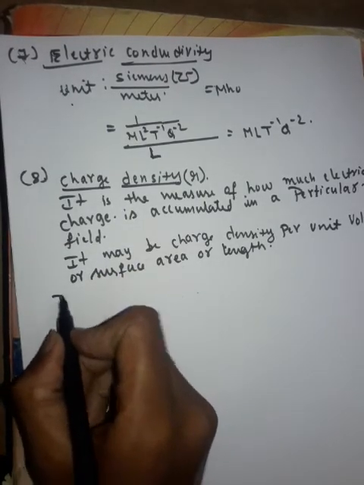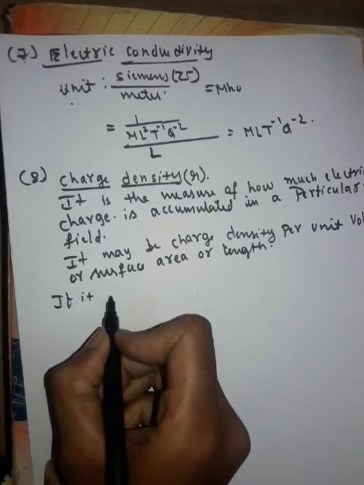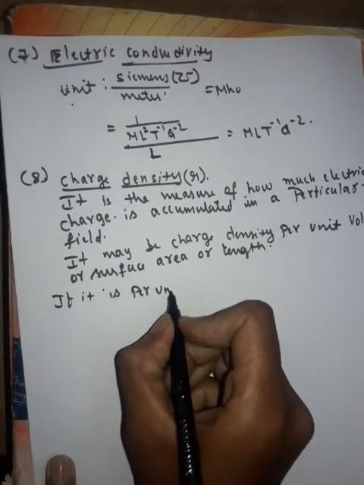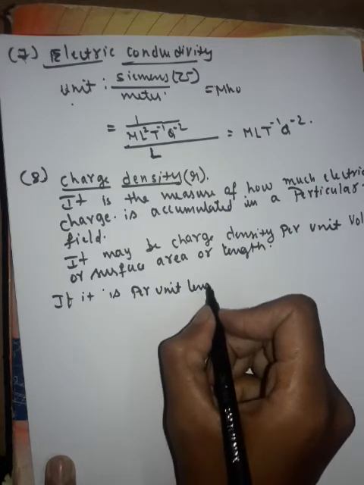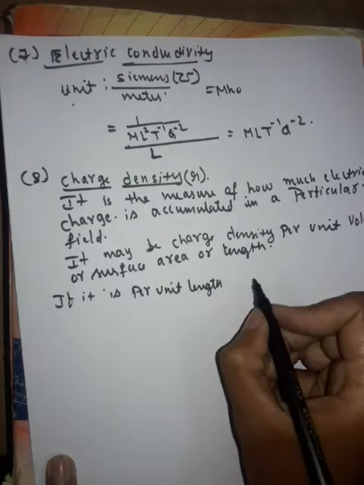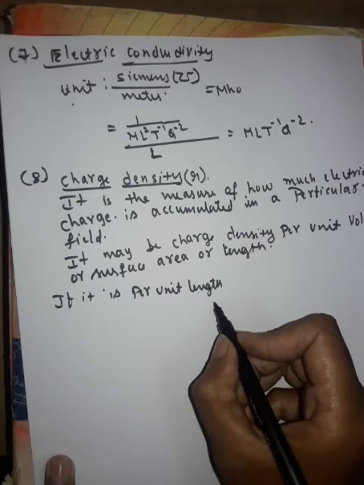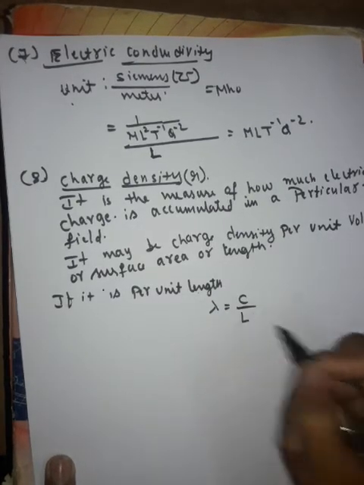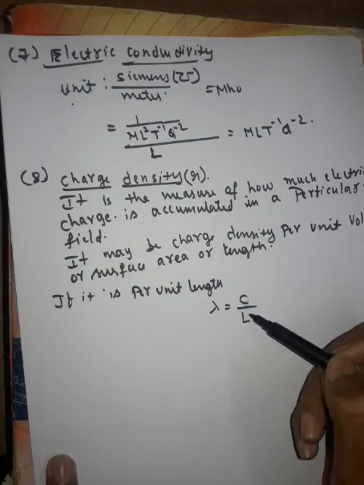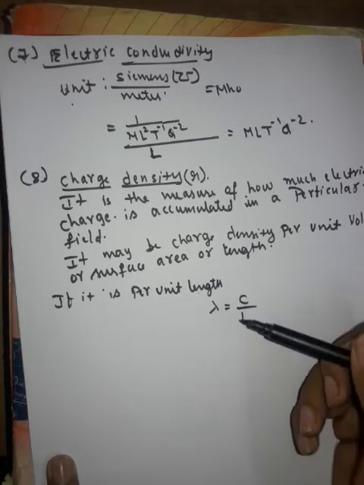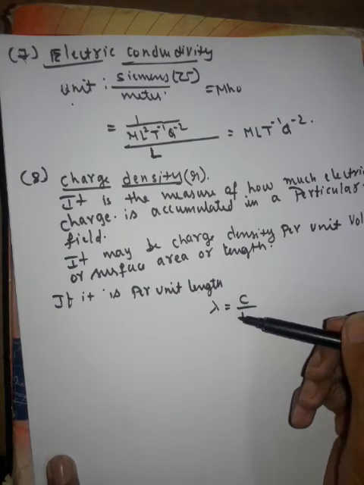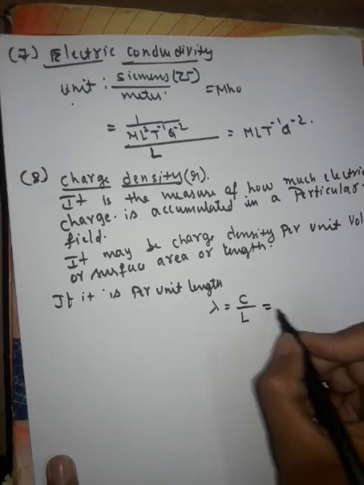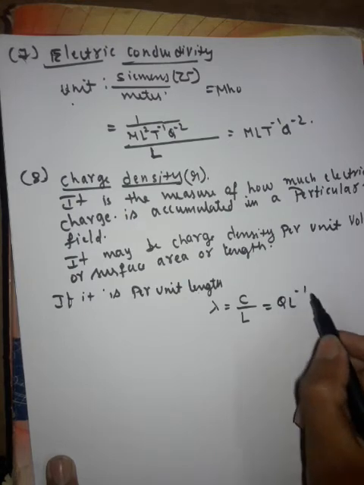If it is per unit length, it is given by charge per length. It is a measure of electric charge per unit length, that is given by Q into L to the power of minus 1.